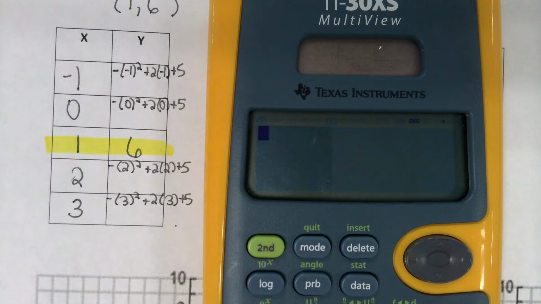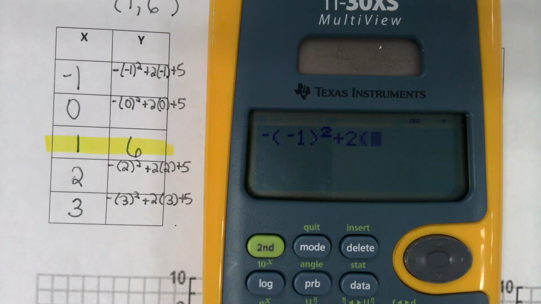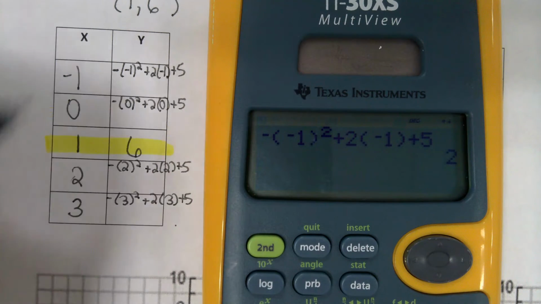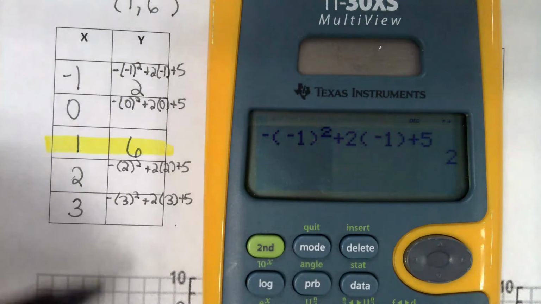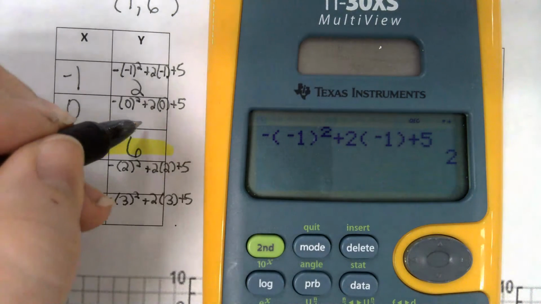So here's the first one, negative, parentheses, -1, close your parentheses, squared plus 2 times -1 again in parentheses, plus 5, and we get 2. Go ahead and pause the video and see if you get the same numbers.